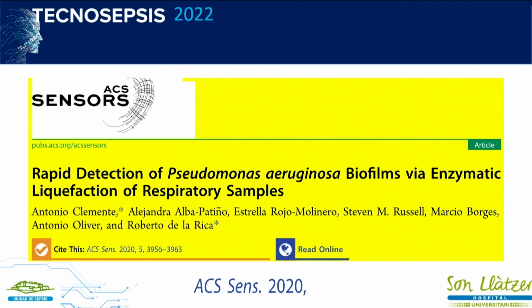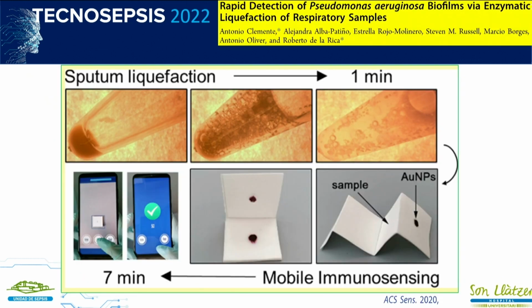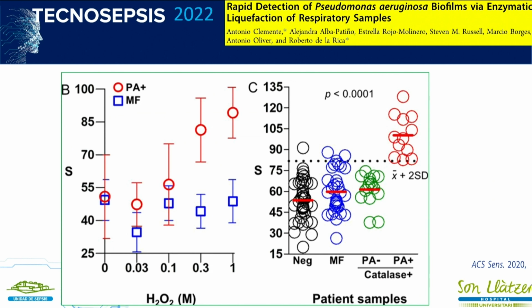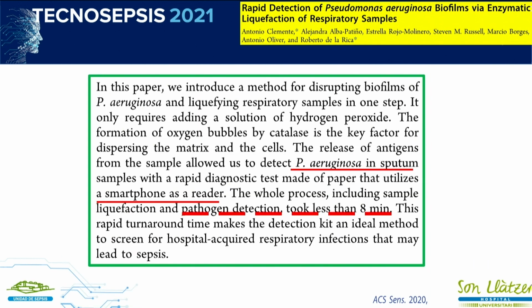For respiratory samples, 1 minute is needed for sputum liquefaction. And as you can see, with a biofilm destroyer we identify Pseudomonas. So Pseudomonas is identified in this group of patients significantly, using a smartphone reader on sputum in very little time, in only 8 minutes.